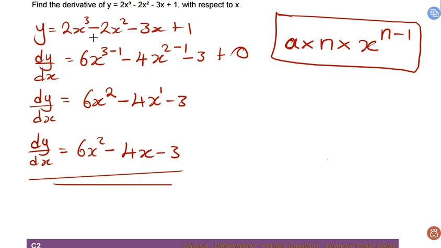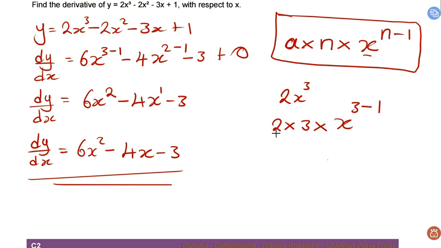So in this case where we had 2x to the power 3, which simply means that 2 is a, therefore we say 2 multiplied by the power, which is n, therefore the power here will be 3, multiplied by our x, which is our variable there, and then this same power must be reduced by 1.